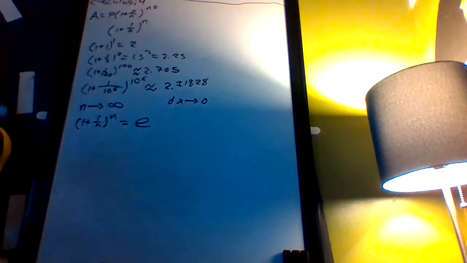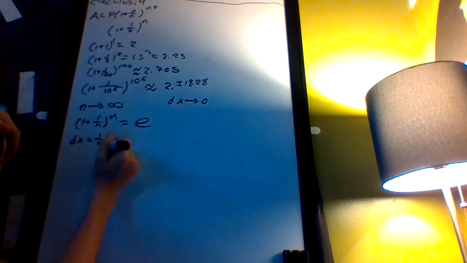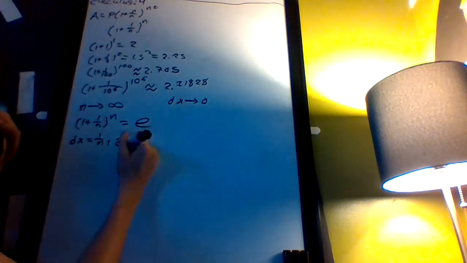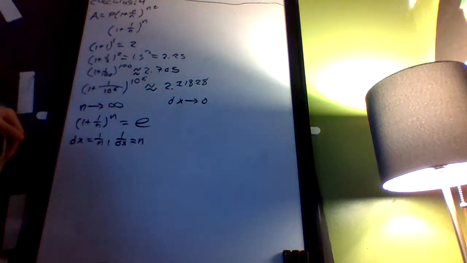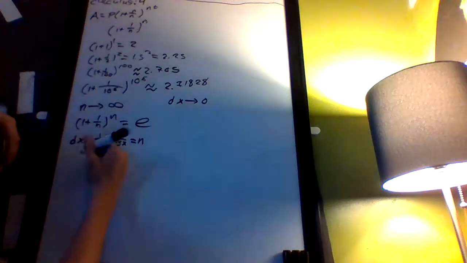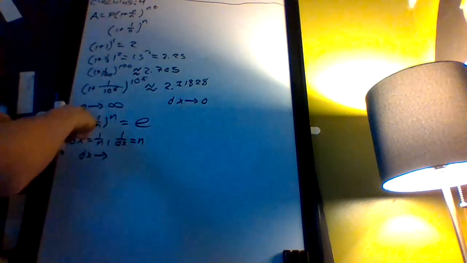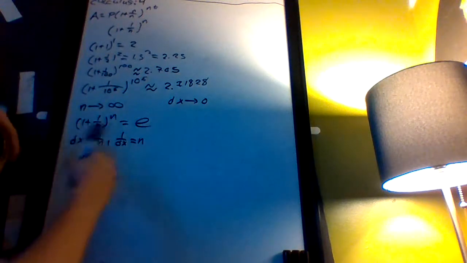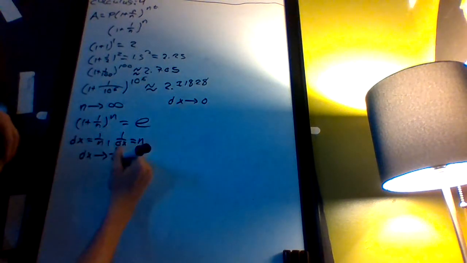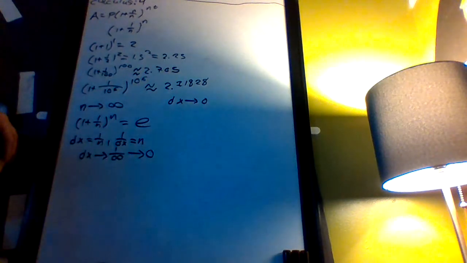Now I'm going to do a little rewriting of e. What if I say dx is 1 over n and 1 over dx is equal to n? You'll see why I call it dx. Well then, what would dx be approaching if it's 1 over n? Well, n's approaching infinity, so that means dx is approaching 1 over infinity, which is approaching 0, right?